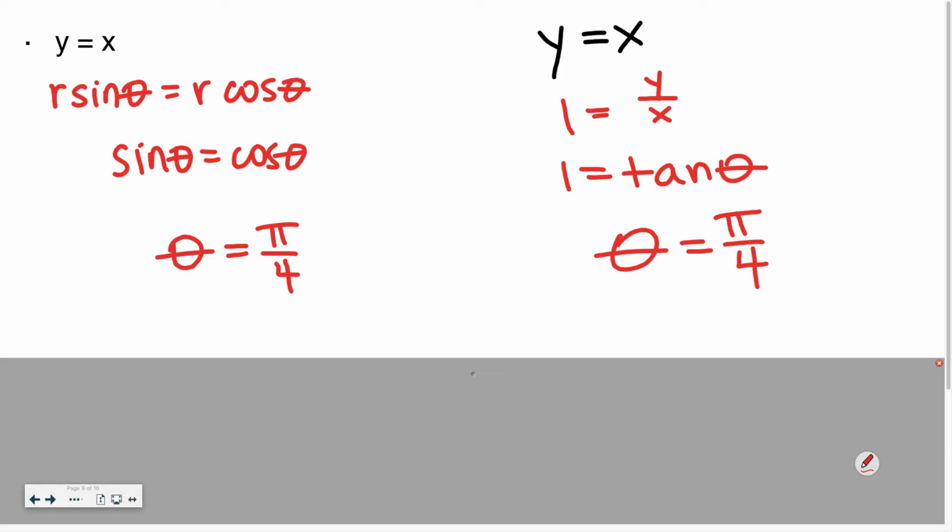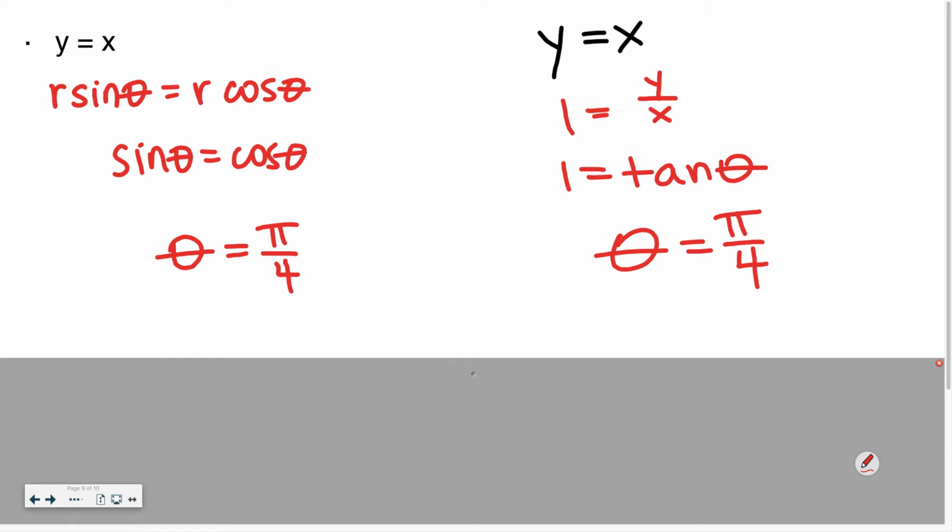Technically the line theta equals 5 pi over 4 is the same line as the line theta equals pi over 4. So you would only need one. You wouldn't need both because it's the same line. But we did have 2 different ways you could go about doing it.